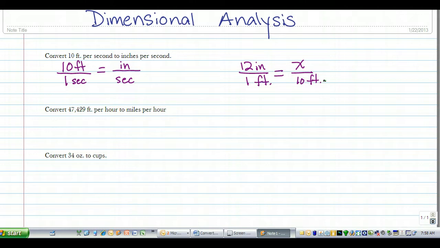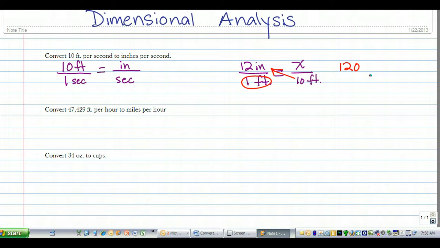So off to the side, I do my proportion, and I crisscross multiply, and I divide by the lonely guy. So I've got 10 times 12, which hopefully you can do in your head. 10 times 12 is 120. And then I'm going to divide by 1. Well, that's just going to give me 120.